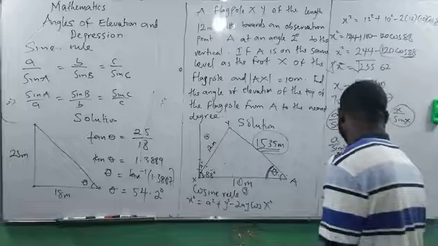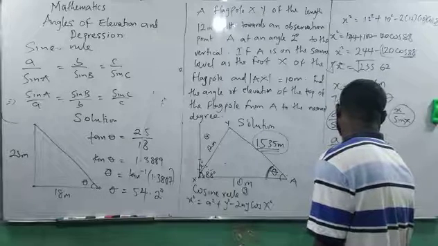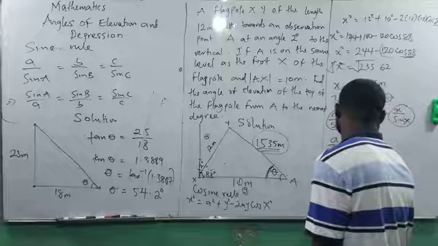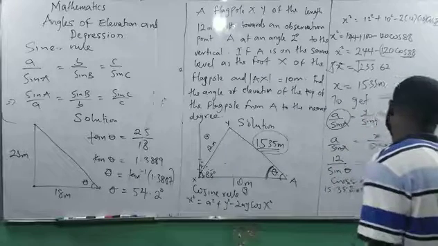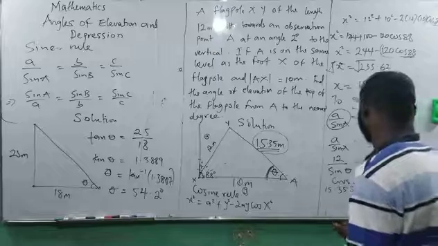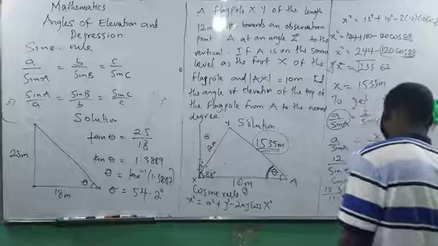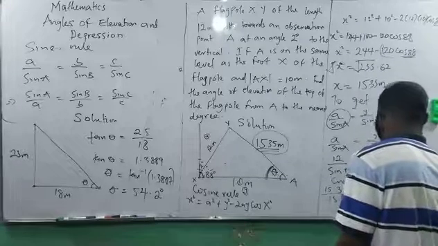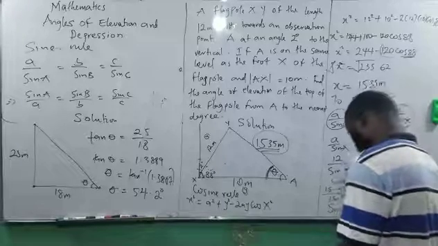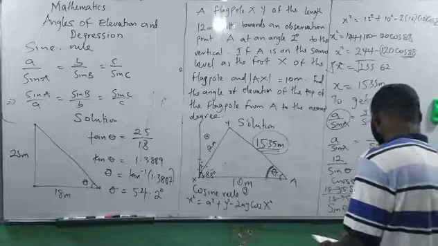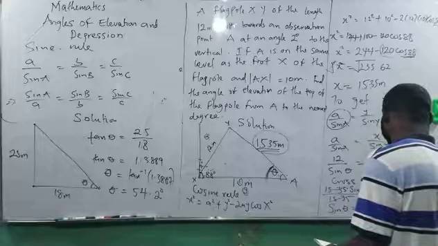Now, it means I'm saying that 15.35 sine theta equals 12 multiplied by sine 88, divided by 15.35. This will cancel. Now, at this junction, I'll have sine theta equals, when I multiply, 11.99 divided by 15.35.